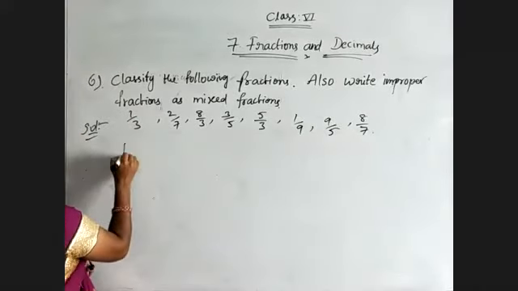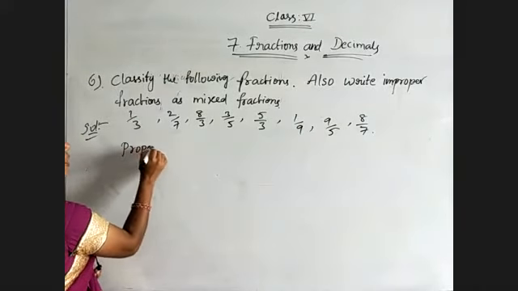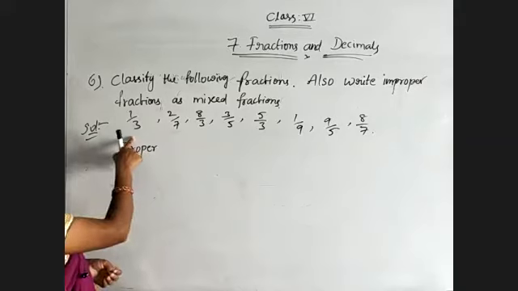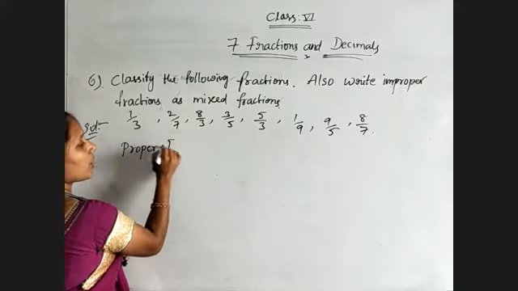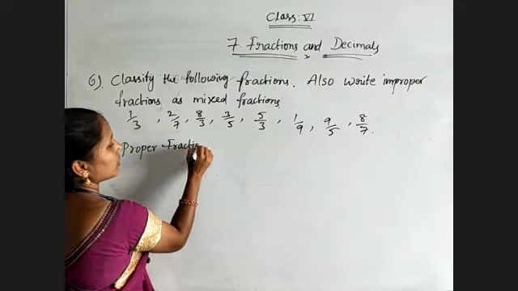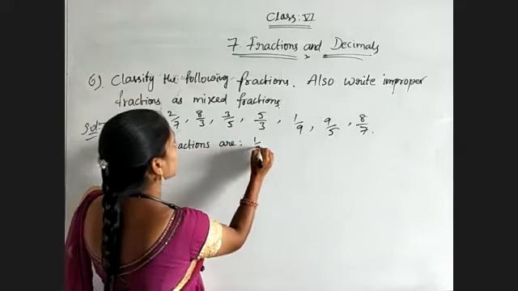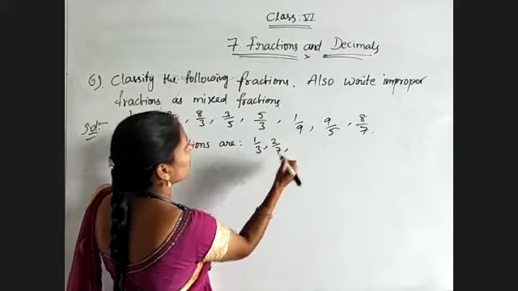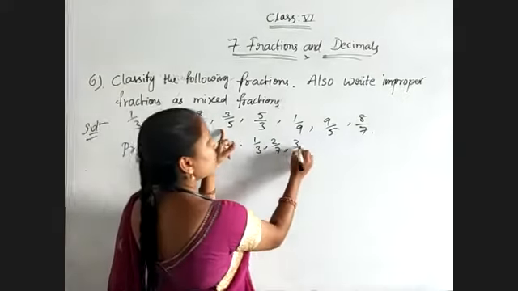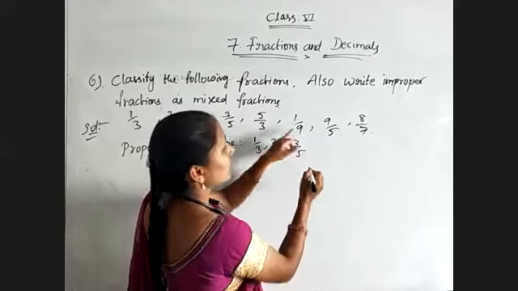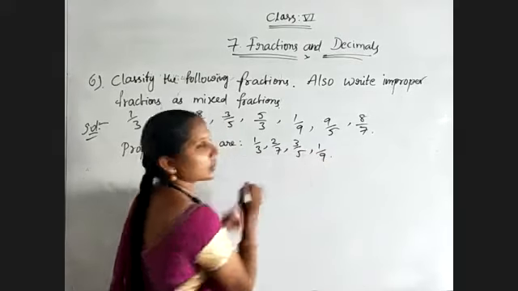Whatever improper fractions we got, we need to convert them into mixed fractions. First of all, sort the given fractions as proper and improper. Actually, unit fractions are also given, but here they have mentioned only proper and improper fractions. Proper fractions are 1 by 3, 2 by 7, 3 by 5, and 1 by 9. That's it.